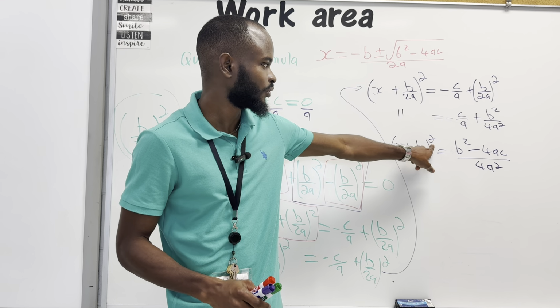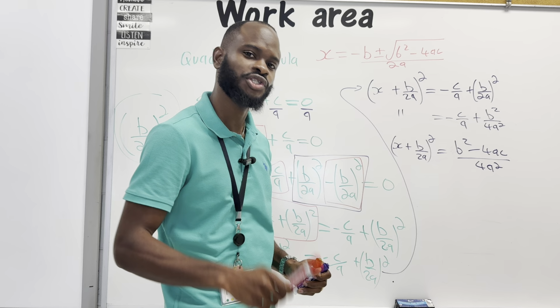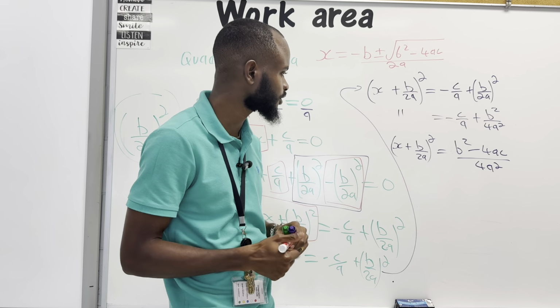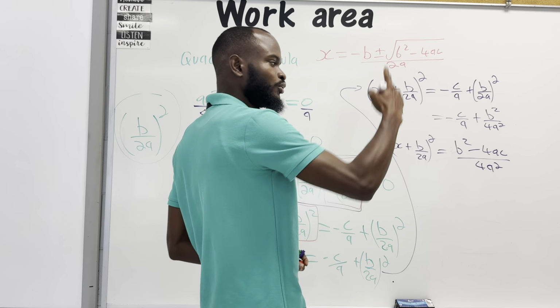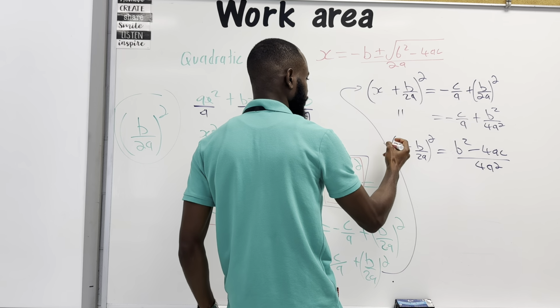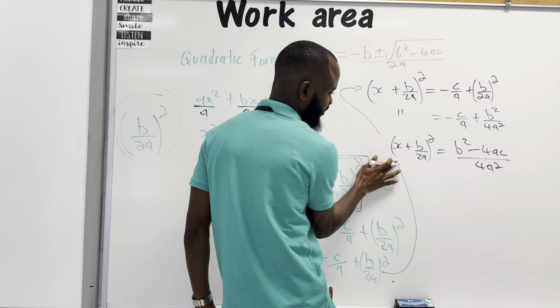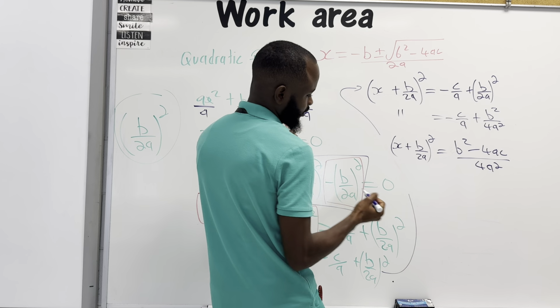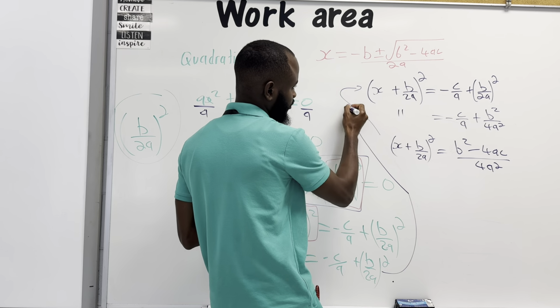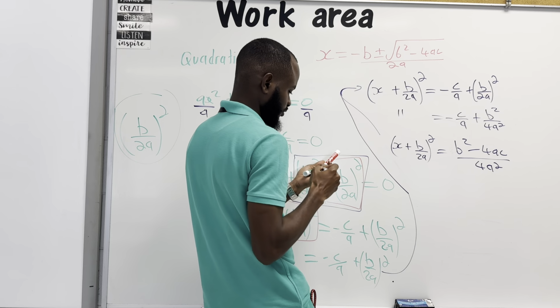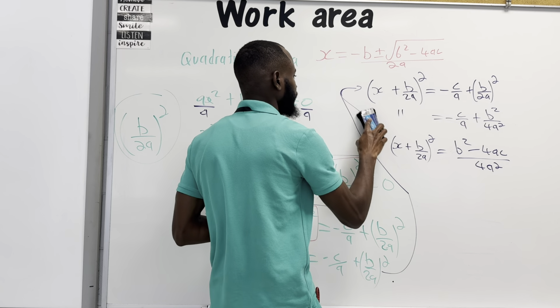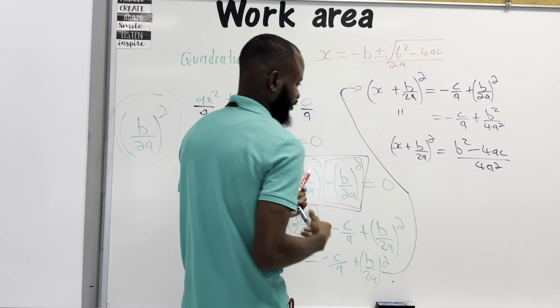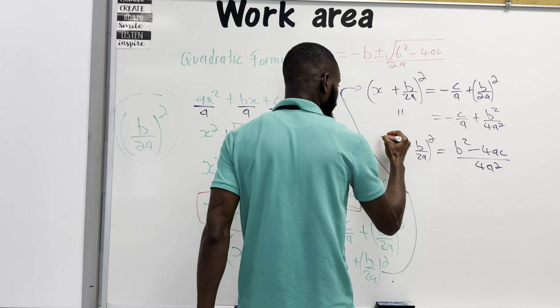And to do that, we're going to take the square root of both sides. Changing color again, back to red. So we're going to take the square root of both sides.